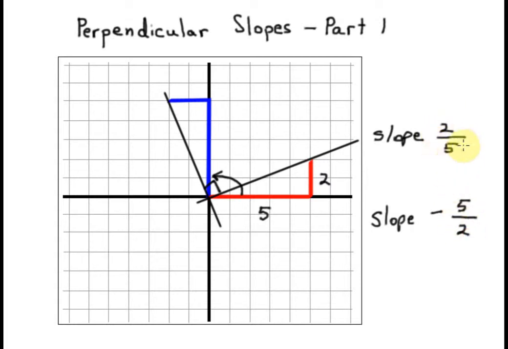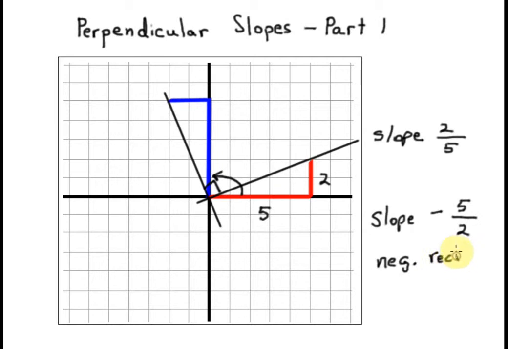So if you look at your original slope and the slope of a line that is perpendicular or at right angles to it, you will see there's a certain relationship. We call this relationship negative reciprocals.